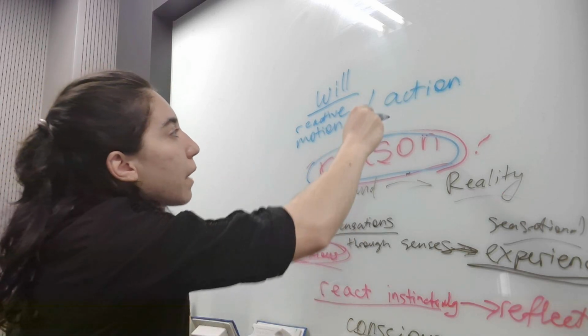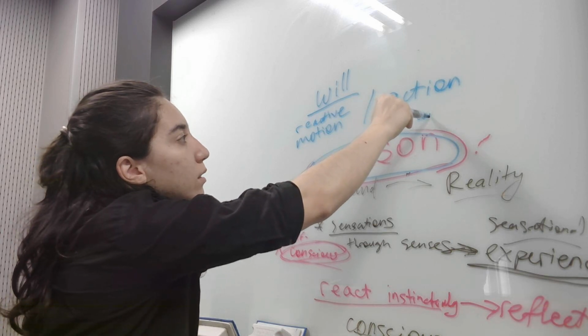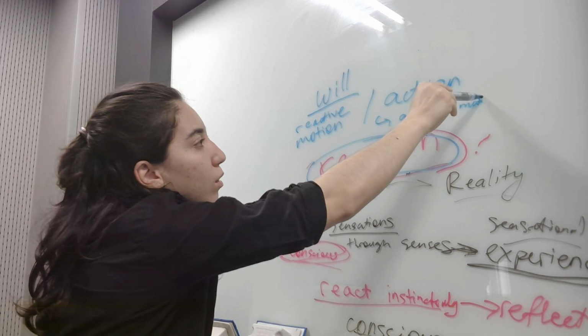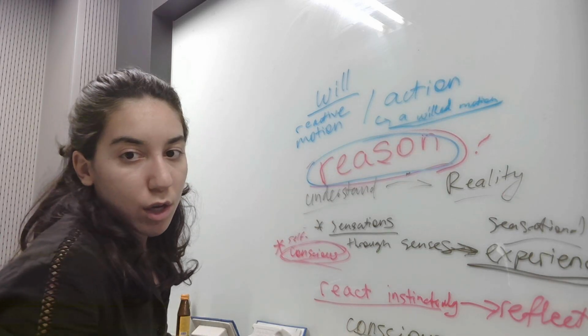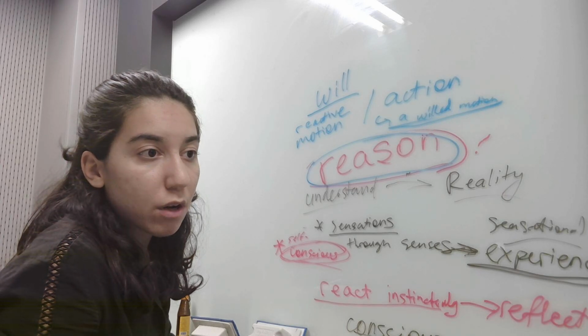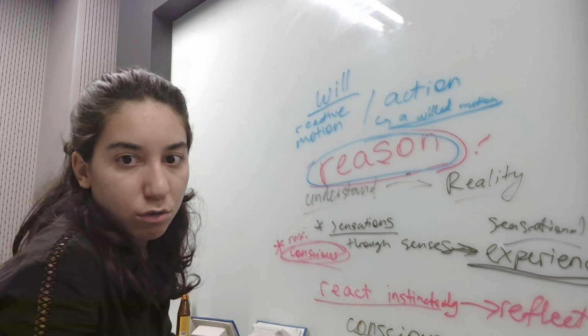Action is a willed motion. You identify something, you reflect on it, and you choose in accordance with your understanding the course you take.